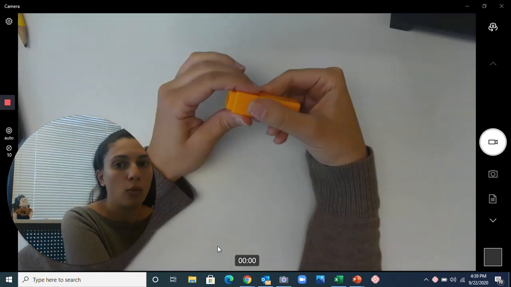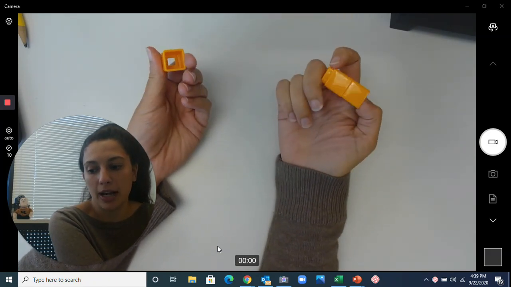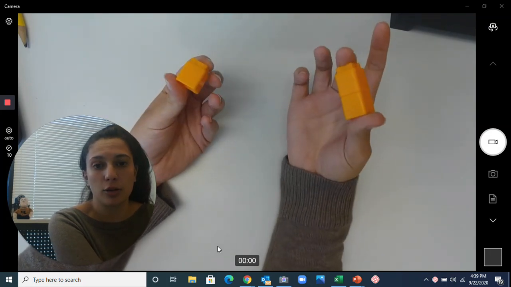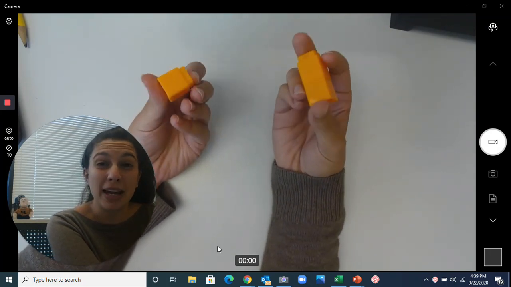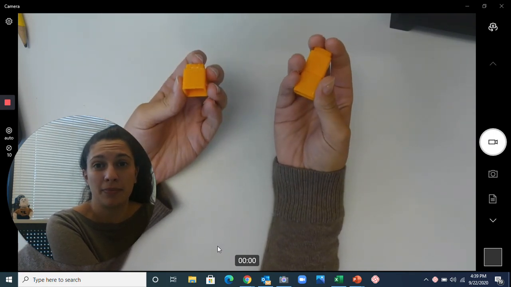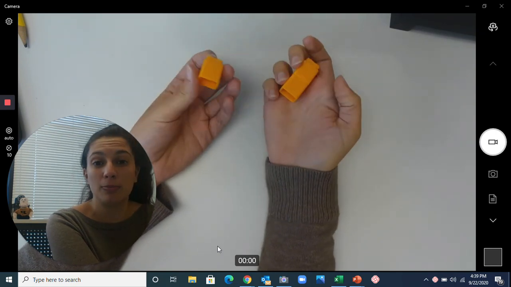Now, what if I do this? What do I have now? I have one cube in this hand and I have 2 cubes in this hand. Did I pick up any extra cubes? Did I get any more cubes? No. Did I put some cubes down?